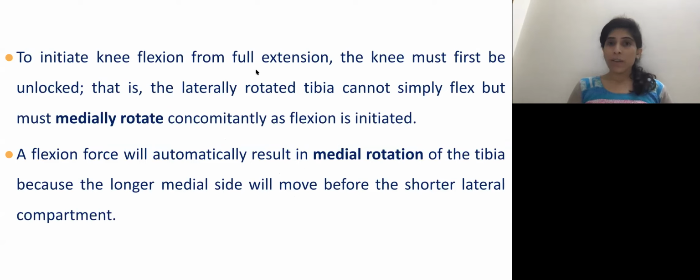And once the medial rotation of the tibia occurs, it again starts the rolling and sliding motion. So the flexion force will automatically result in the medial rotation of the tibia because the longer medial side moves first compared to the lateral side. Okay.